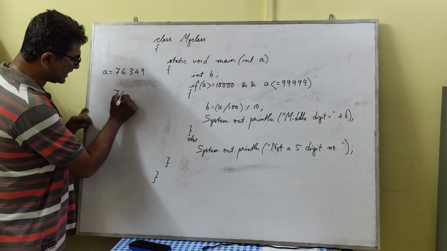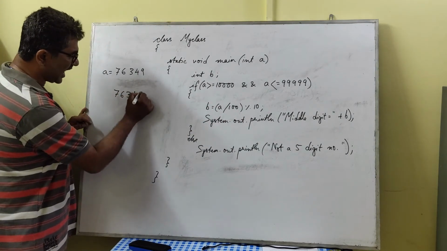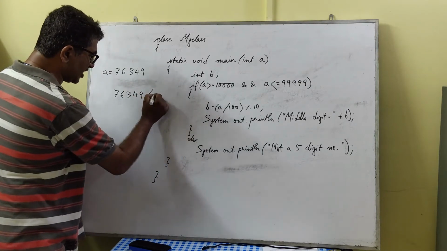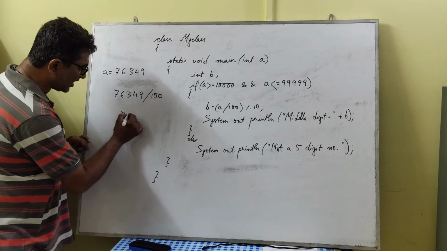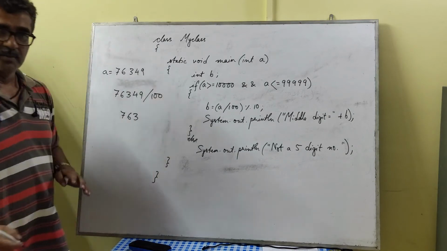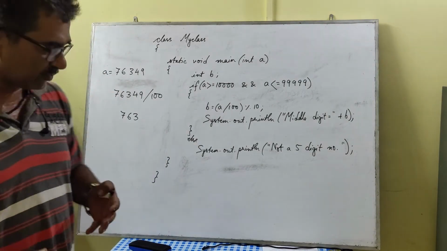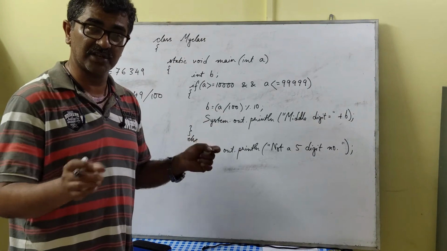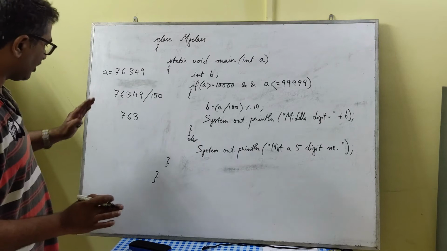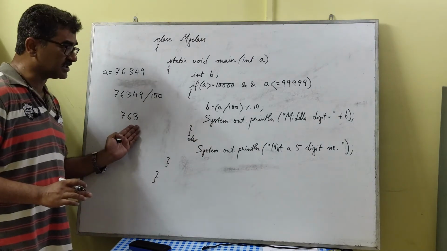76349, when I divide by 100, what we get is 763 because that is how integer division works. Remember, we did not typecast it as float, so there is no question of getting the answer in decimal point. So we get 763.